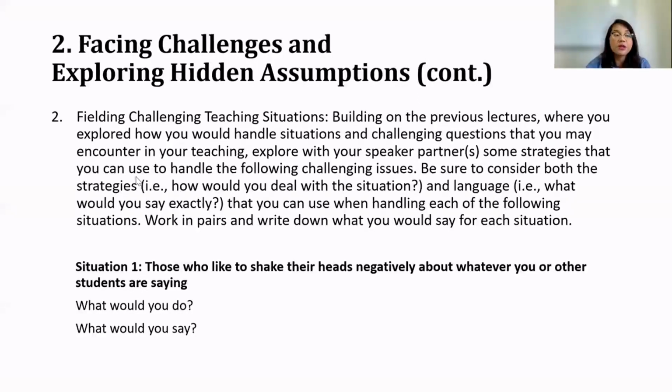What kind of expression will you say to that kind of student? And then what would you do? Will you invite the student outside of the class and then have a one-on-one talk with the student to find out the real issue? Or do you have something else to do?